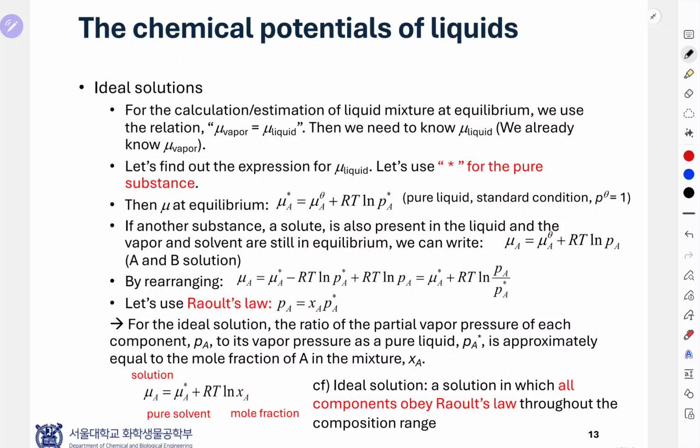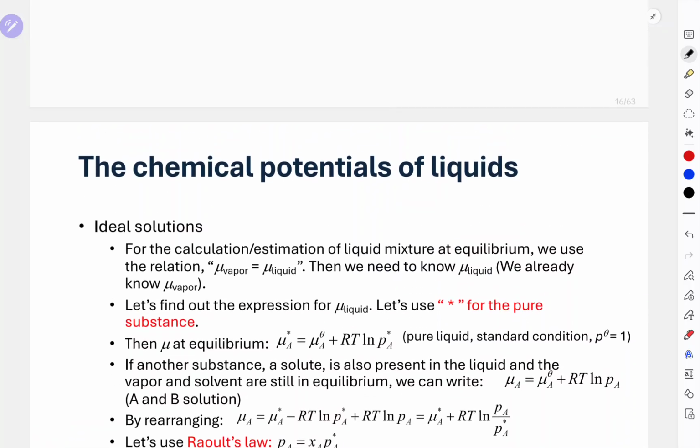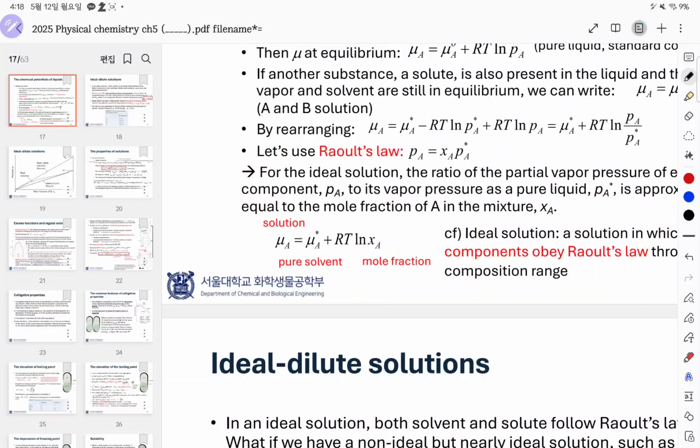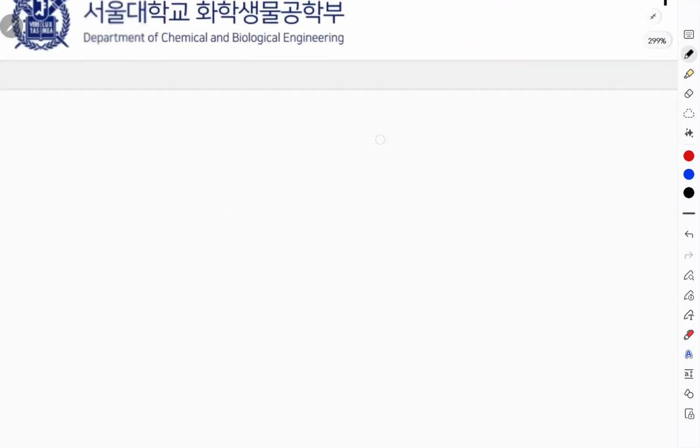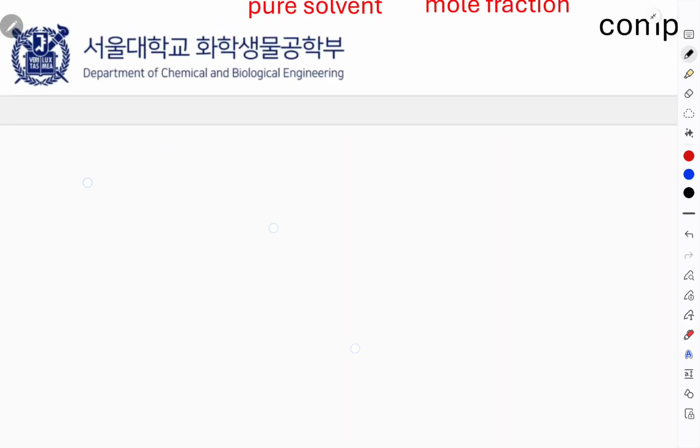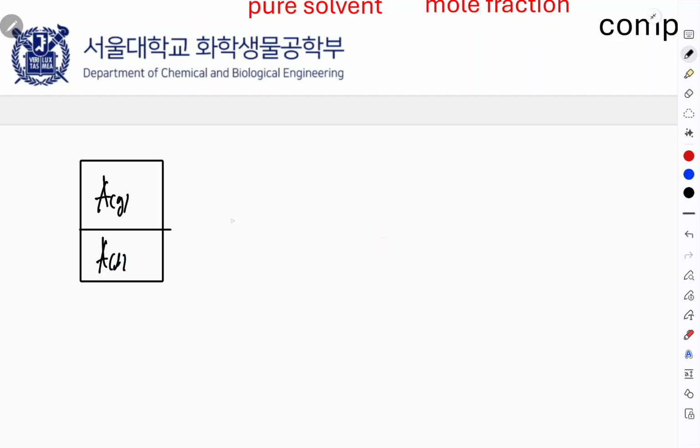So we are gonna add the star here, which means that this is the pure substance. So the vapor pressure of the pure substance A is P star, and this chemical potential is equal to the pure substance A liquid chemical potential. So these are the same.